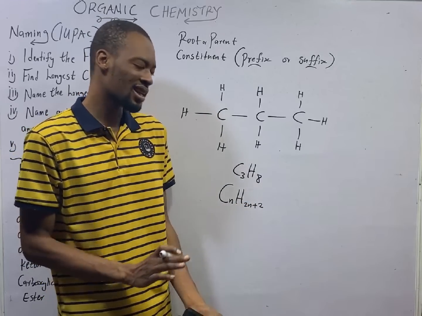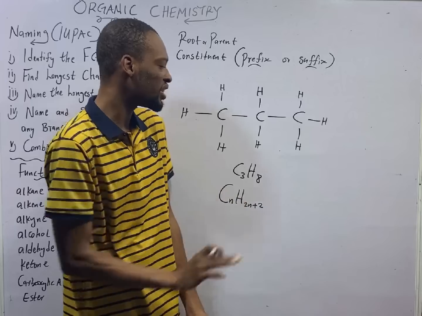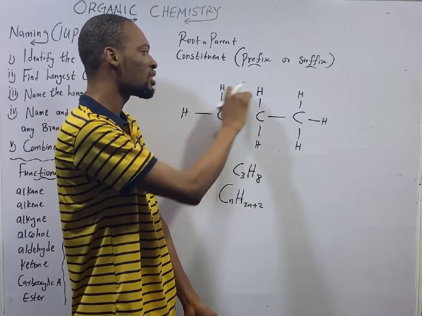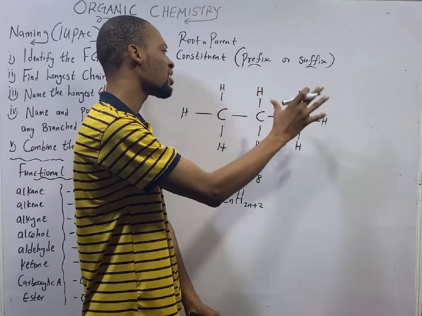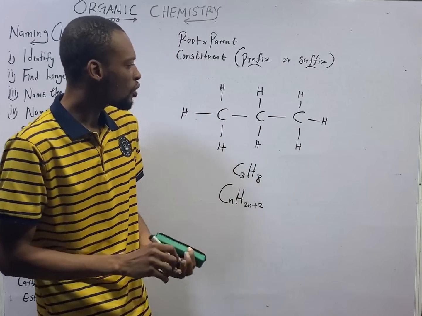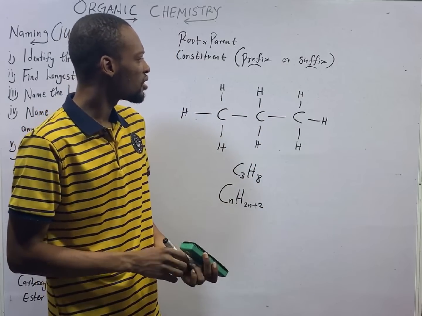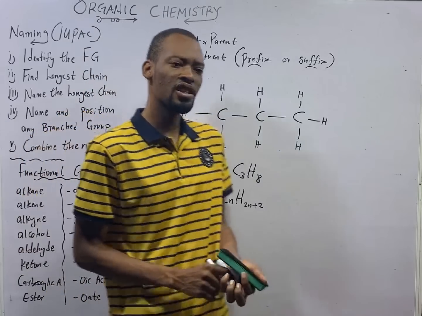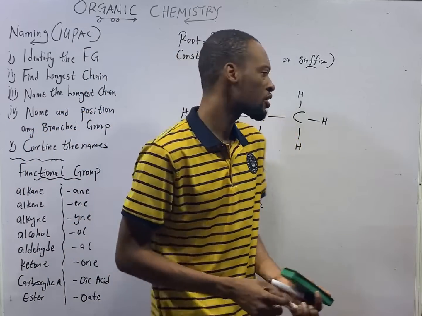So this is an alkane. Even without this, you have carbon with single bonds throughout and hydrogen spreading around. So you ask yourself, if this is an alkane, it means that the naming must end with "ane".